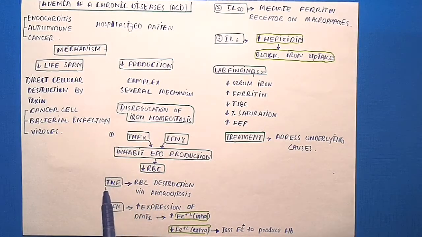Tumor necrosis factor destroys red blood cells via a process called phagocytosis, and interferon increases the expression of the DMT1 receptor on the macrophage surface to increase the iron level inside. So there will be less iron extracellularly, which is less for hemoglobin production.